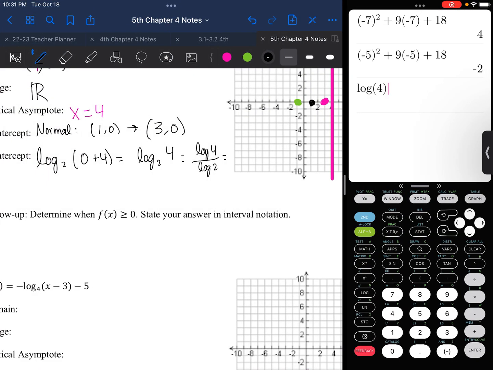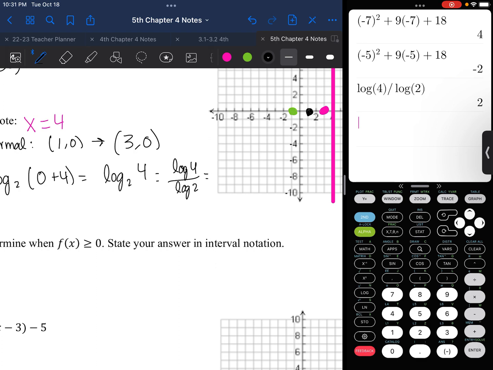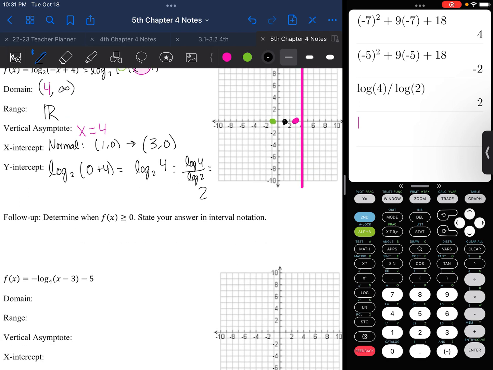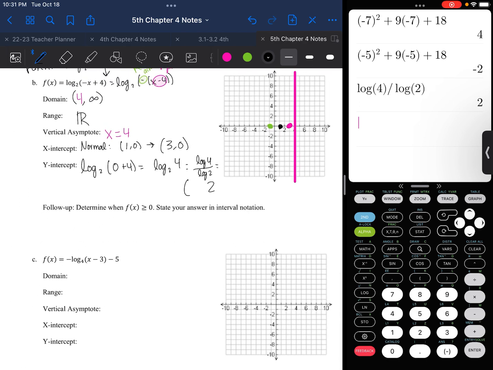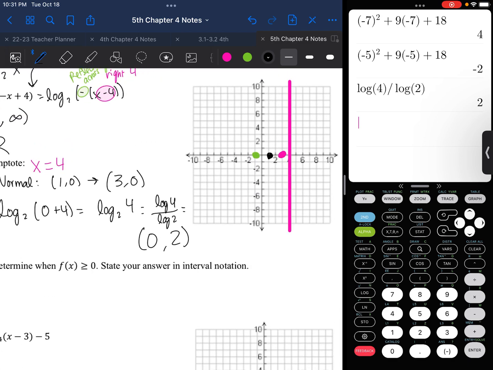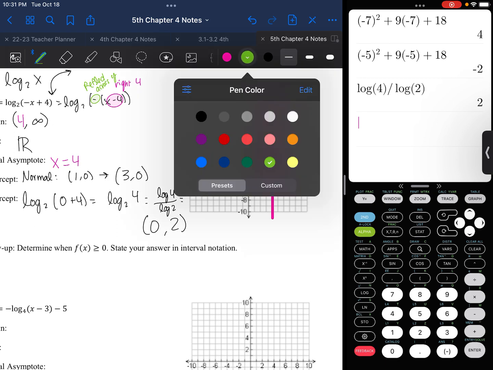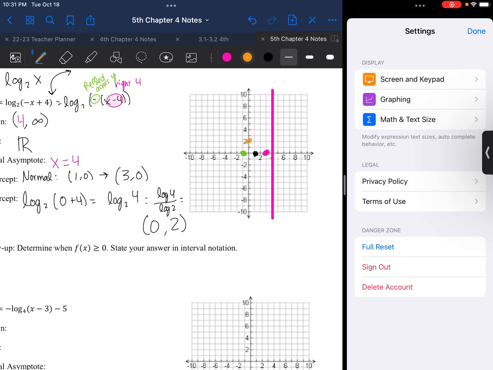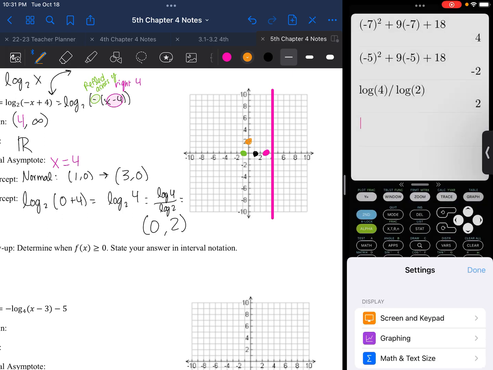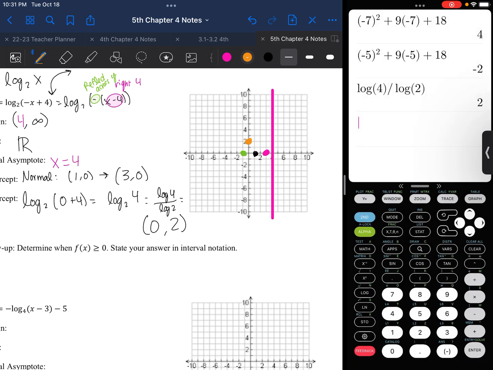So log 4 divided by log 2 is 2, which makes sense, right? 2 to what power is 4? 2 squared, okay? So that means that our y-intercept then is at 0, 2. So we'll go ahead and put that point on. Let's pick a color for that one too. Let's go orange. Okay. So we're going to go ahead and put that one there.